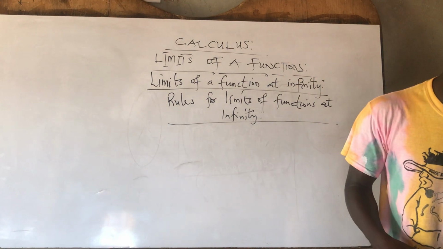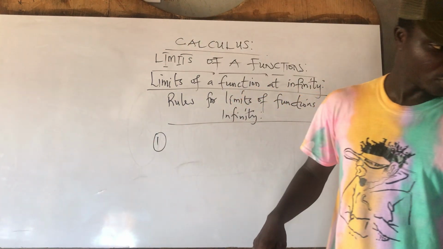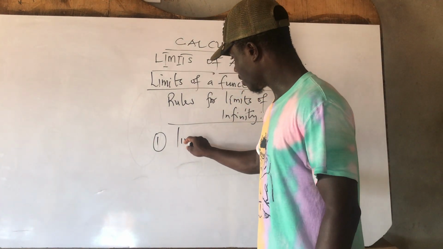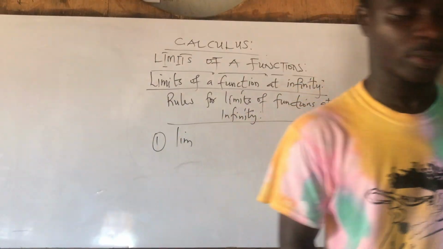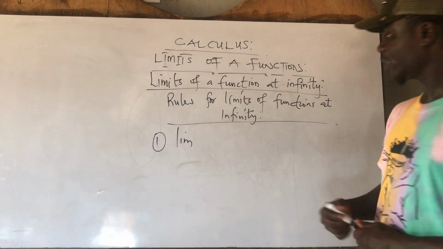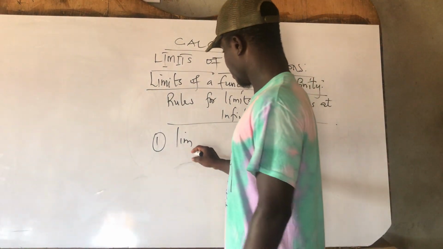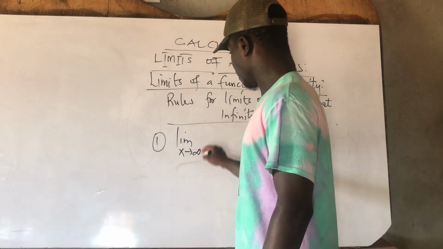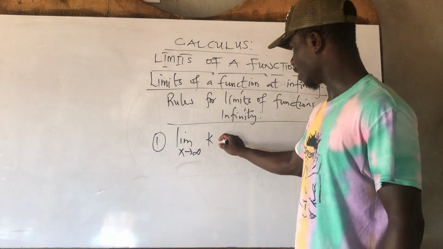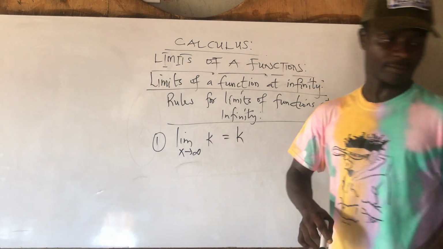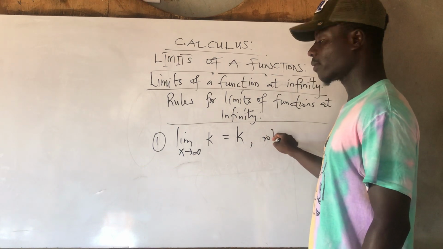So number one rule, we have the limit as x approaches infinity of k equals k, where k is a constant.